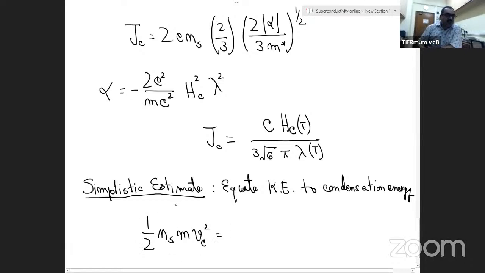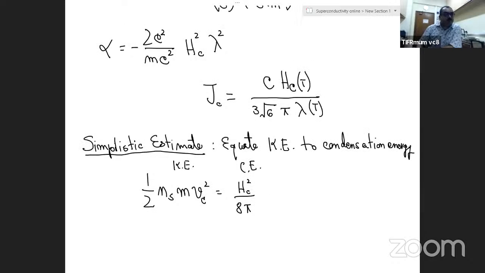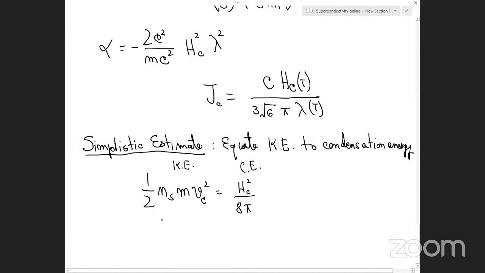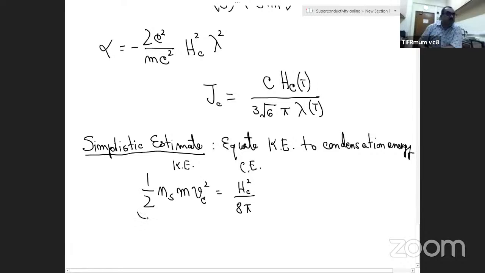This is the kinetic energy, and I have to equate this with the condensation energy, so that is Hc squared by 8 pi. Alright? Now it is trivial.